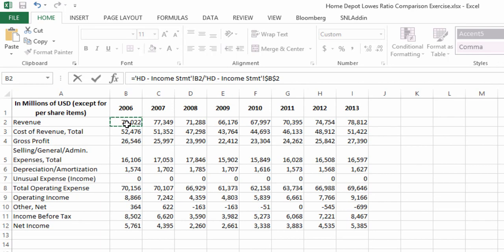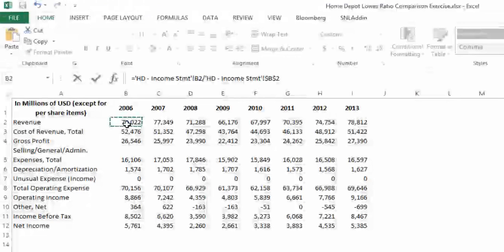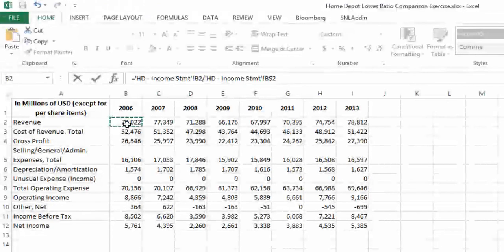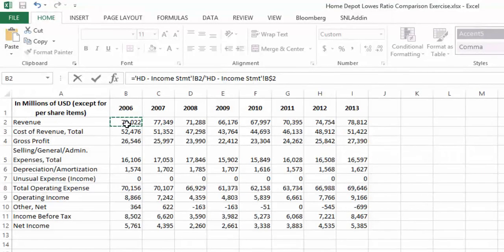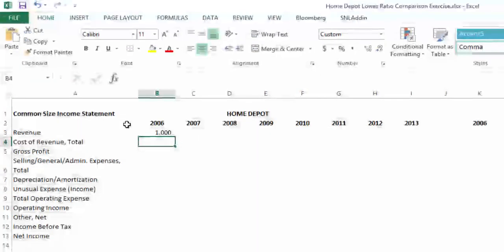And actually, I don't want to lock it absolutely to just this one cell. I want to lock it to this row. So I'm going to do that by locking onto the second row. With the dollar sign in front of the 2, that means everything is going to be divided by a number in the second row. The common size number for sales, by definition, is going to be 1.